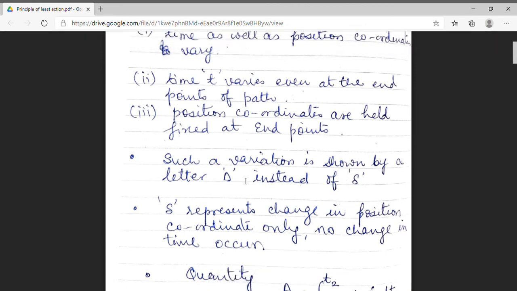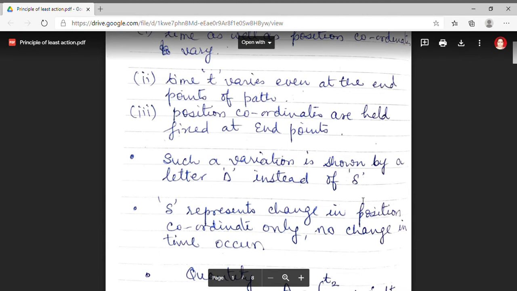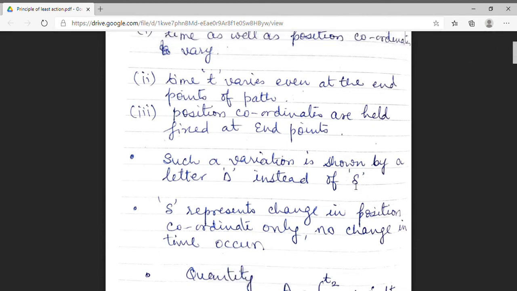Earlier in Hamilton's variational principle, we were discussing the variation which was denoted by the function delta. This delta and del, they are different. We will discuss their difference further.